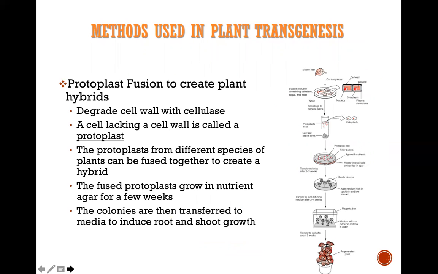And yet we've moved past just selective breeding, where we're producing crosses, to go down to the molecular cellular level. We didn't talk about protoplast fusion as much in class when it comes to hybridization, so we're going to move past this.